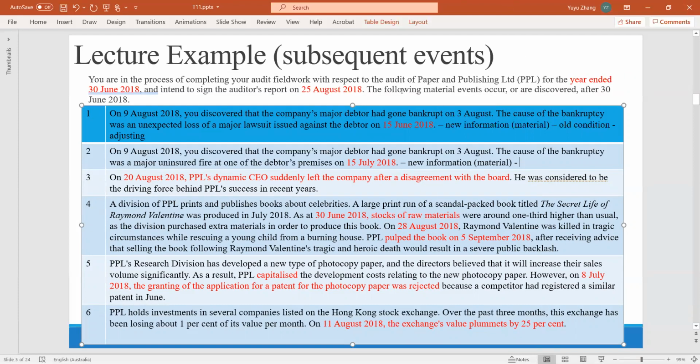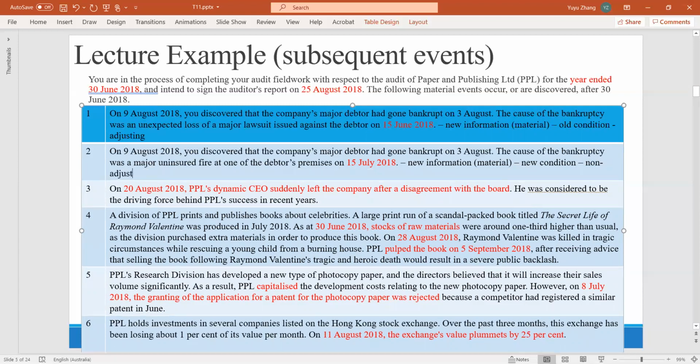It is a new condition because the condition only arises due to the newly happened natural disaster. So what is your decision? Adjusting or non-adjusting? So that would be non-adjusting, I guess, right?